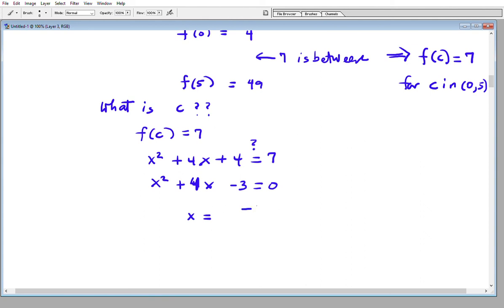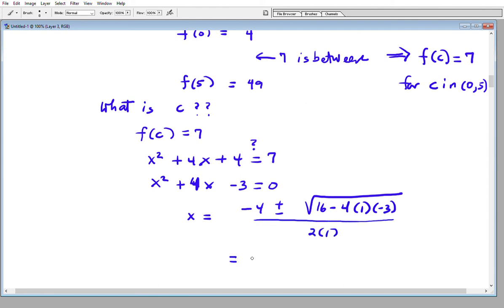Negative b plus or minus the square root of b squared, 16, minus 4ac, over 2a. So we have 16 plus 12, over 2.